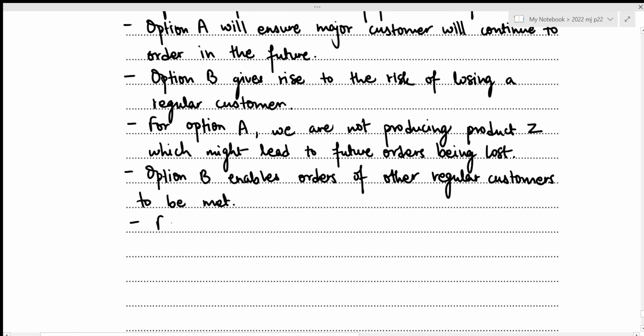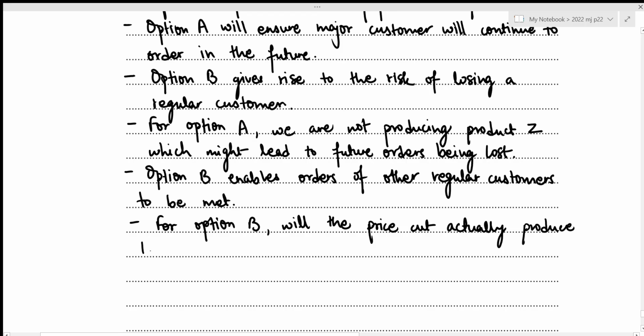For option B, will the price cut actually produce the required level of sales of product X now and in the future?